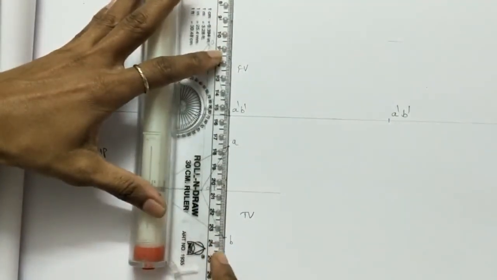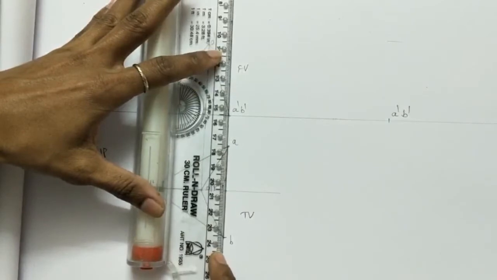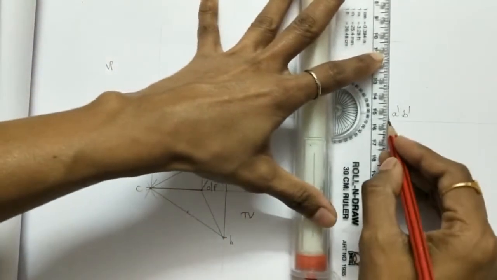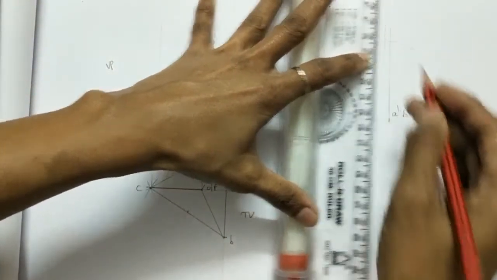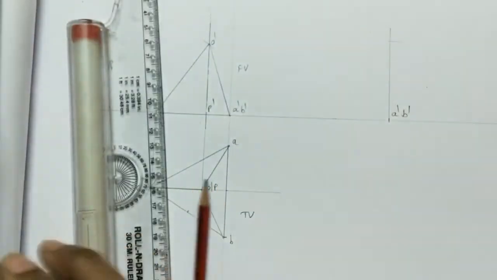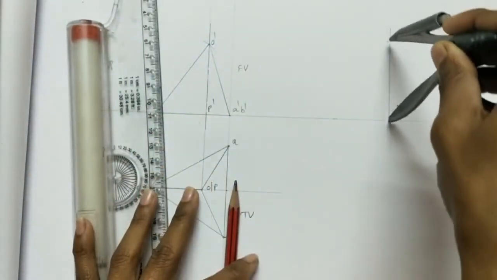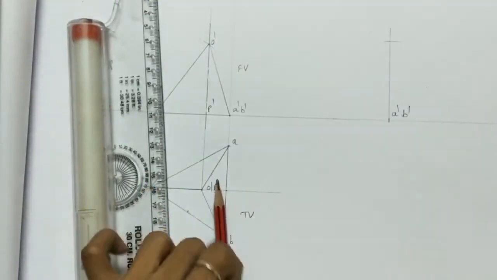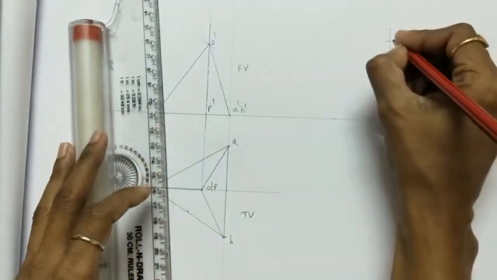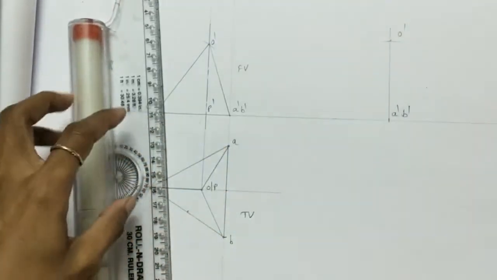So I have drawn an arc. Now draw a vertical line and this arc touches the line here. So this is point O dash.